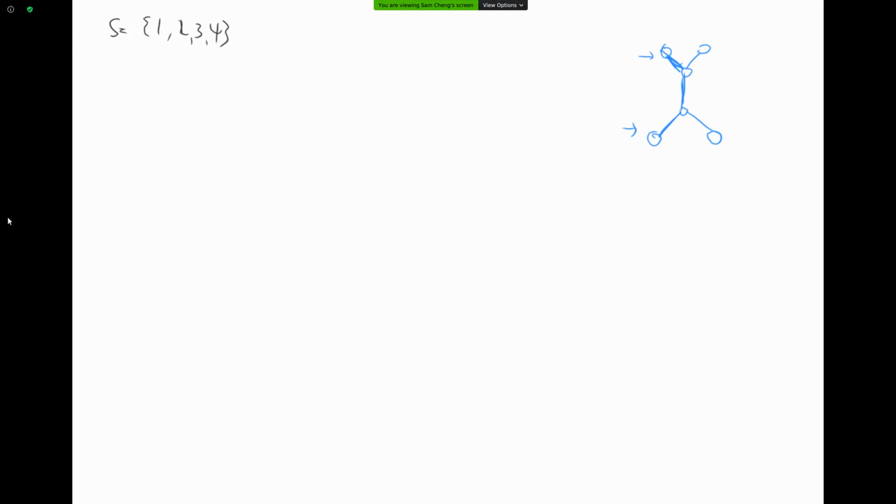Then I will have some splits of this set. Let's say I have a first split sigma 1 that splits the set into 1 and 2, 3, 4. And sigma 2 splits it into 1, 2 and 3, 4, and the third split splits it into 1, 2, 3 and 4.